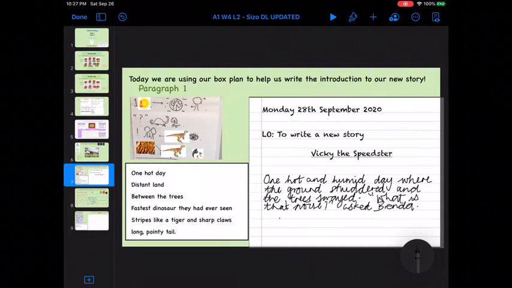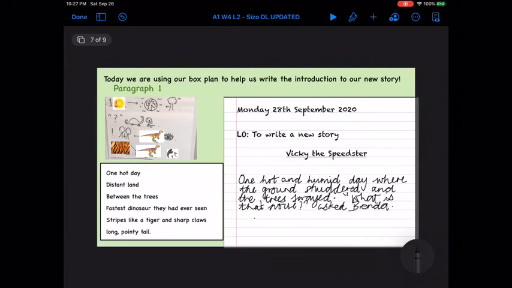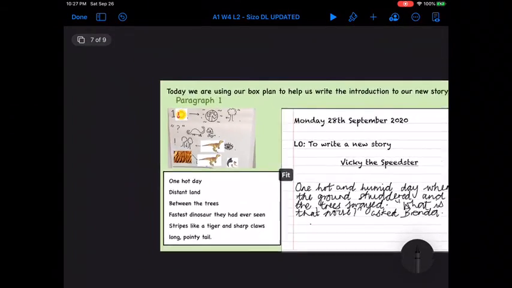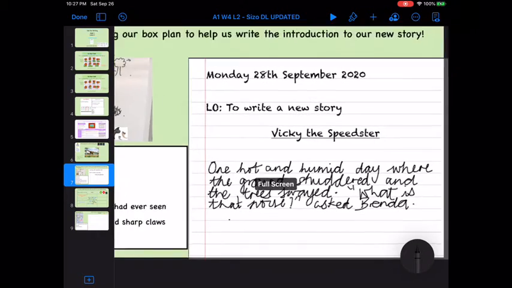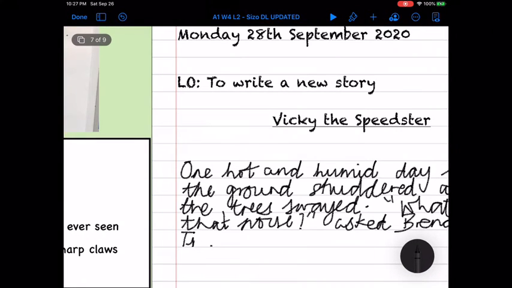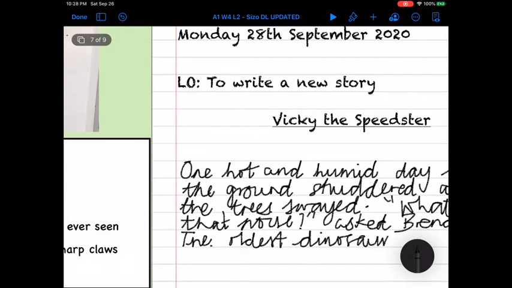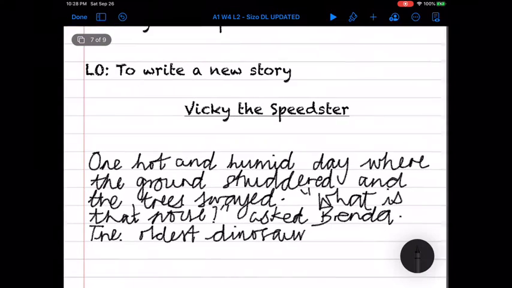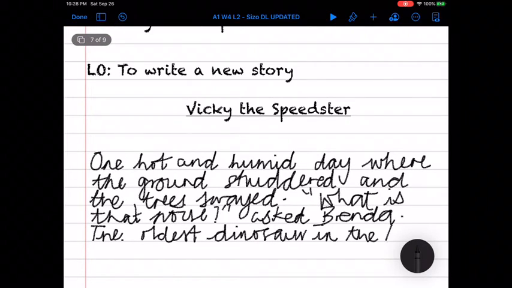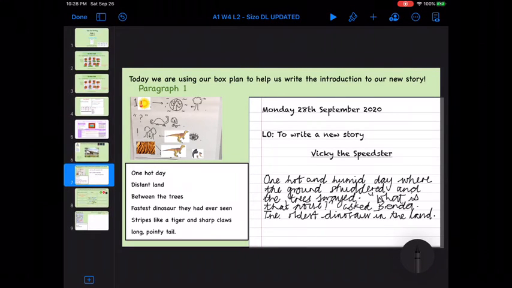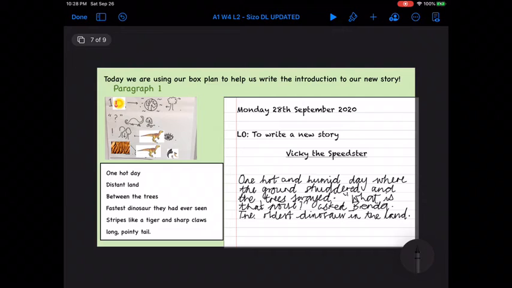You can see here that I am looking at the story map. I just changed "what is it" to "what is that noise?" asked Brenda. Now you can see here that I have put capital letters.